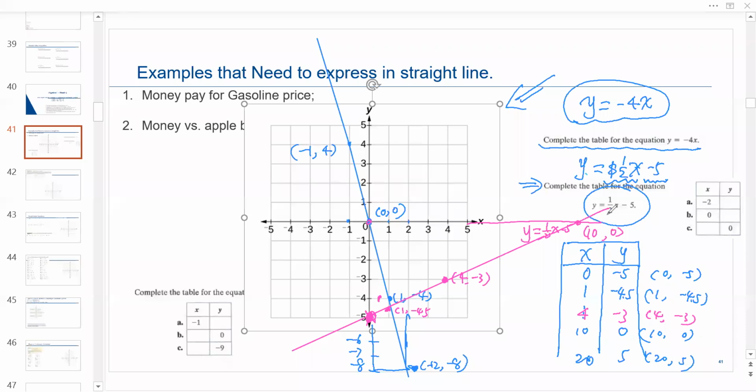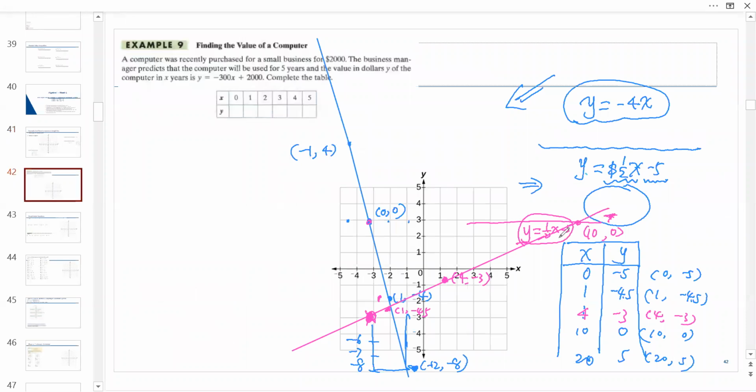Because when you put 10 in here, you finally pay $0. So this linear line describes this situation. All right, let's do some more exercises about this part. Let's see some more examples.